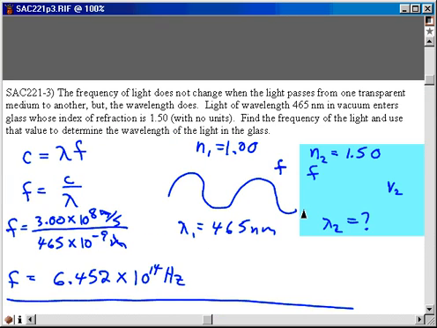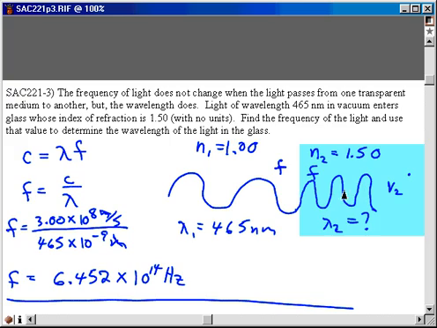Outside it was 465. We see that the wavelength decreases. Crests become closer together, as they must if you imagine somebody at a given point in space. If the frequency is the same, you're going to have the same number of crests passing your position per second.